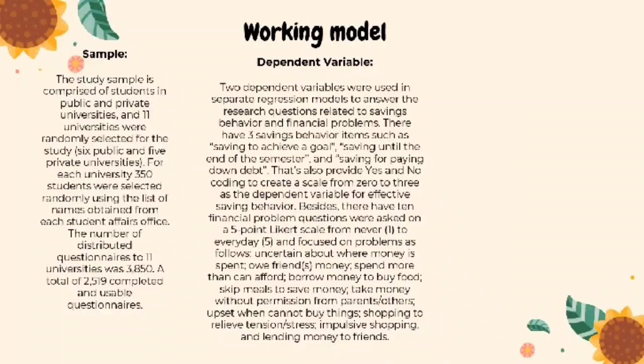Besides, 10 financial problem questions were asked on a 5-point Likert scale from never, 1, to every day, 5, and focused on problems as follows: uncertain about where money is spent, owe friends money, spend more than can afford, borrow money to buy food, skip meals to save money, take money without permission from parents or others, upset when cannot buy things, shopping to relieve tension or stress, impulsive shopping, and lending money to friends.